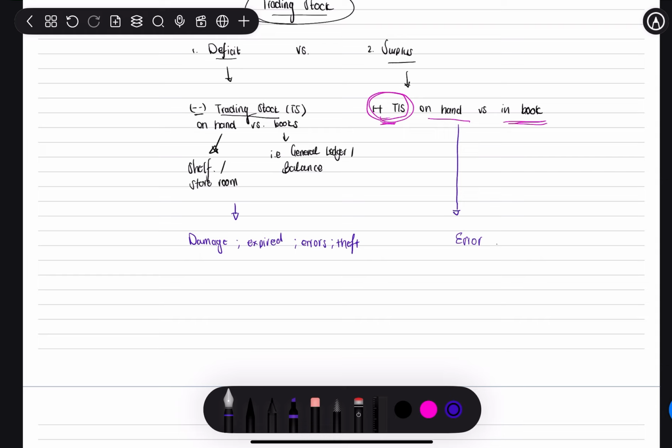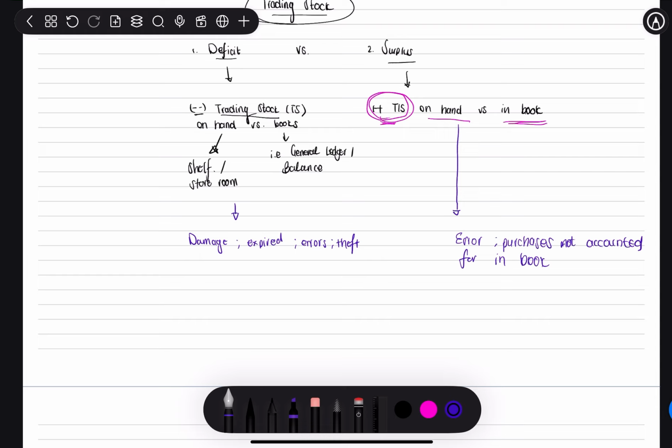For example, you make purchases, but you don't account for these purchases. So you are buying inventory, but you do not record it in your books. So there's a discrepancy between purchases and what's in your books.